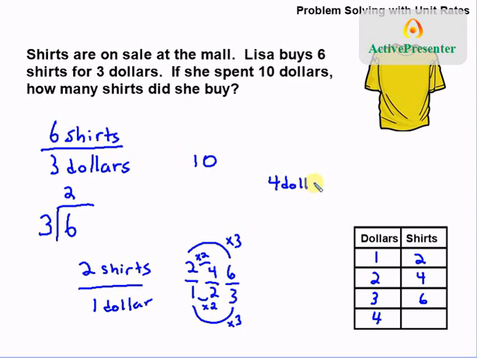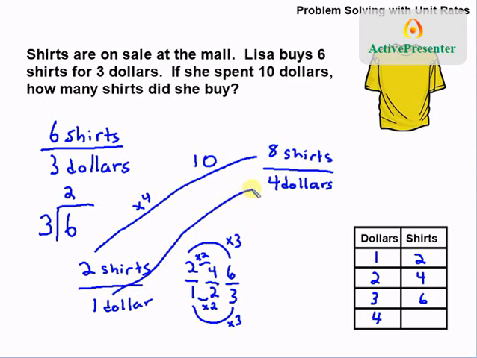If we multiply the top by 4 as well, that will give us 8 shirts, because we have to keep these ratios equal. 2 times 4 gives us 8, and 1 times 4 gives us 4. So $4 gives us 8 shirts.